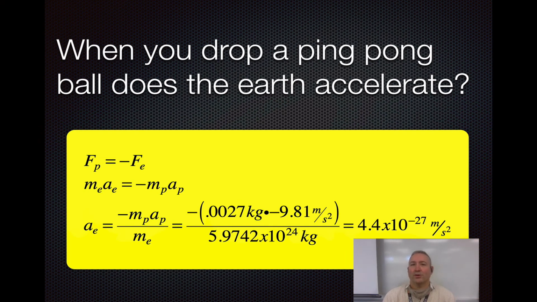Now, the mass of the earth is known, and so we have to look that up: 5.97 times 10 to the 24 kilograms. If we find that, then we'll see that the earth actually accelerates up at 4.4 times 10 to the negative 27 meters per second per second. That's not much. In fact, it's imperceptible to us. But it is a valid calculable number.